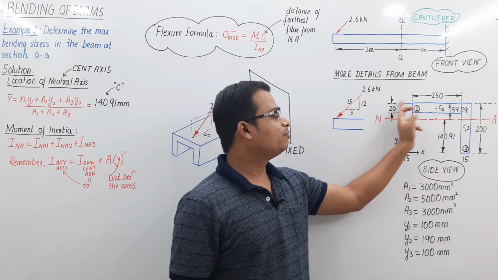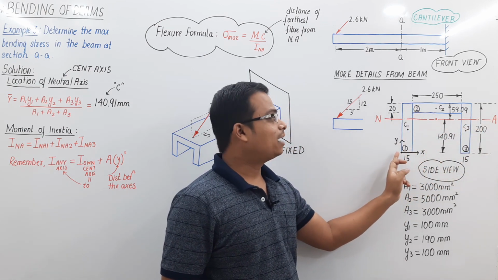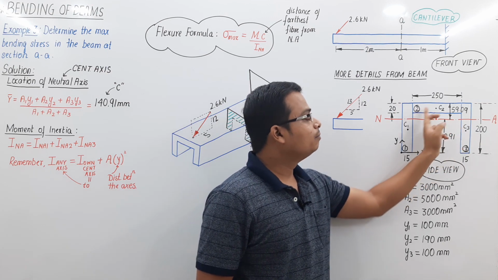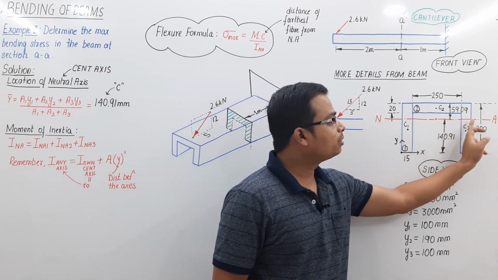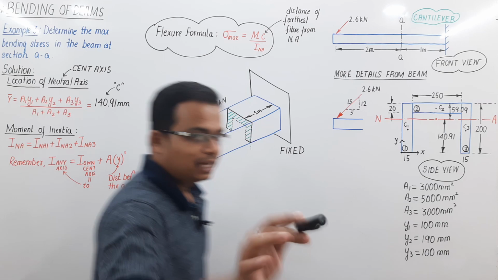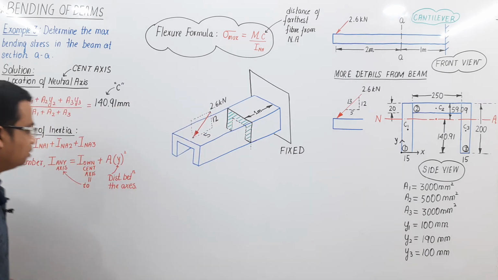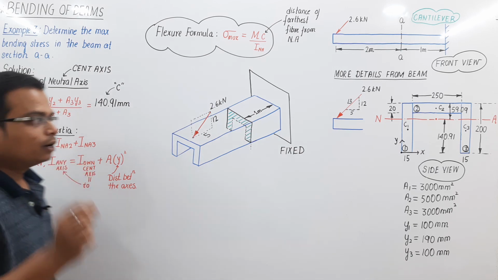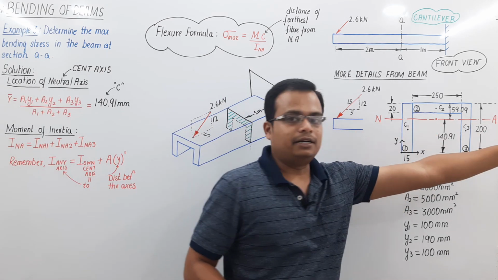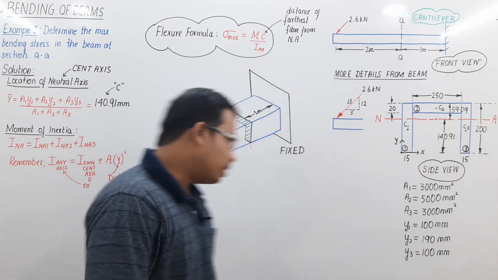So you need to find the moment of inertia of rectangle 1 with respect to the neutral axis, then rectangle 2, and then 3 also. That is why I have split it into 3 different area moments of inertia, and all of them have to be individually worked out with respect to the neutral axis, and let's see how that can be worked out.